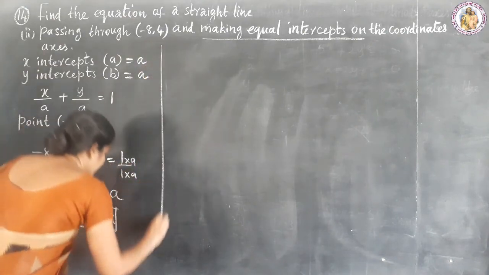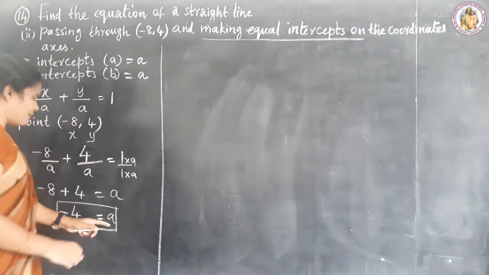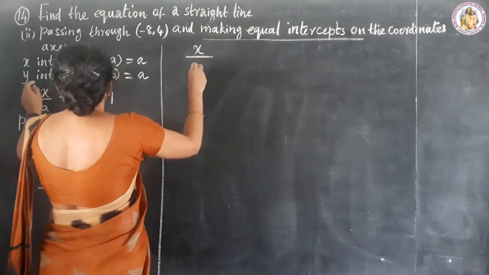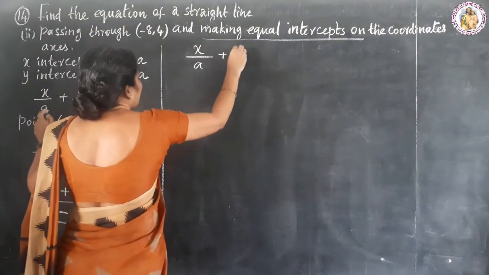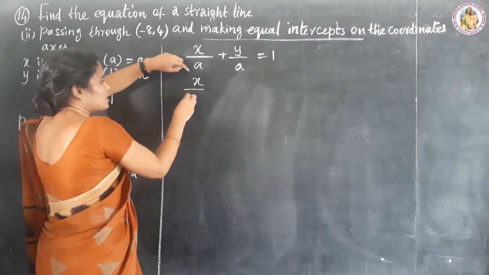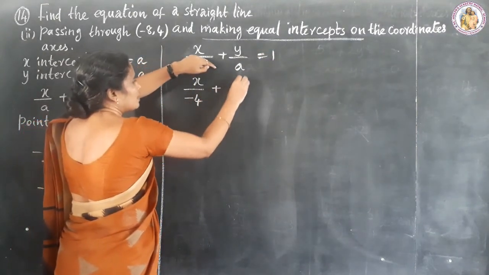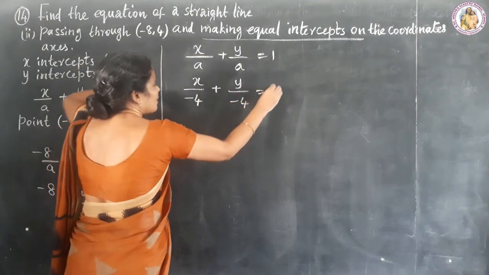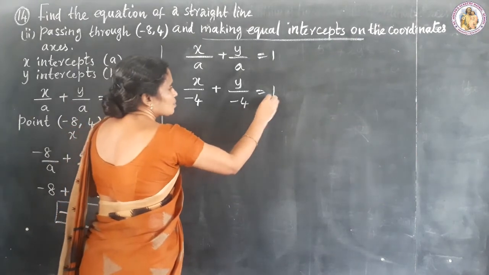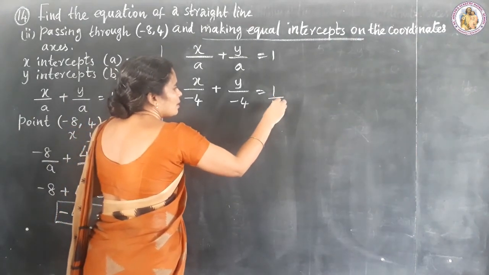Now substitute the value of a is equal to minus 4 in the equation x divided by a plus y divided by a is equal to 1. Now a is minus 4, so x by minus 4 plus y by minus 4 is equal to 1. Now here we have minus 4 as LCM, so multiply by minus 4.